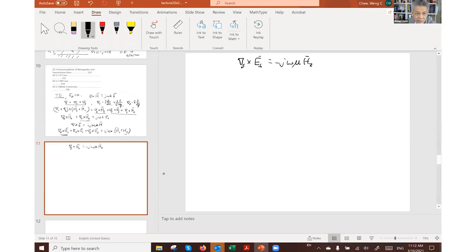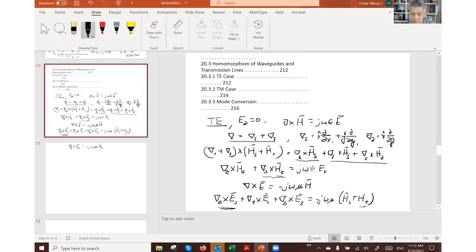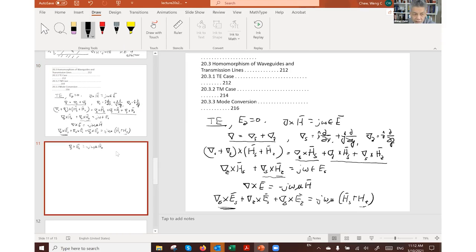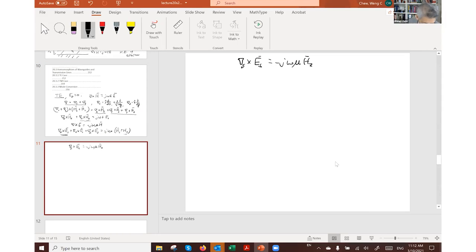And I go back to the Ampere's law equation again and plug H_z in there, and I get an equation that looks something like this now: del_z cross H_s plus del_s cross 1 over minus j omega mu times del_s cross E_s. I take this j omega mu to the other side, and then I must have my right-hand side again.